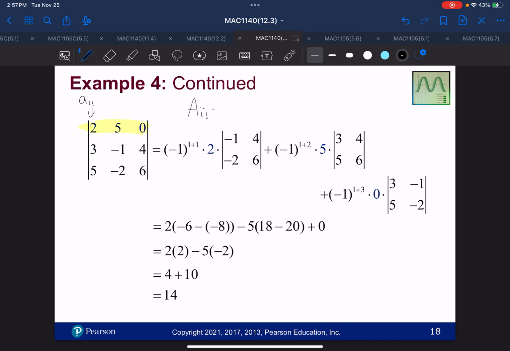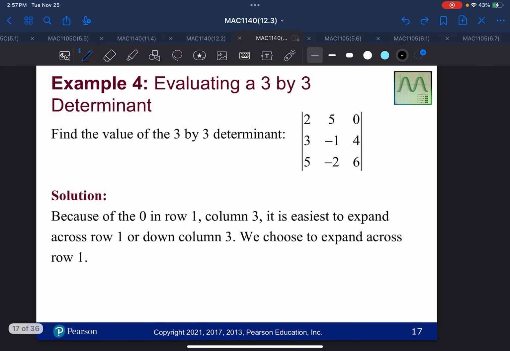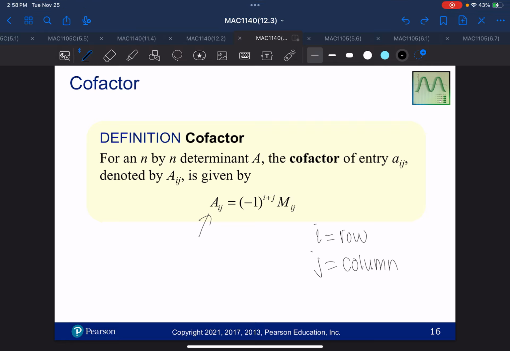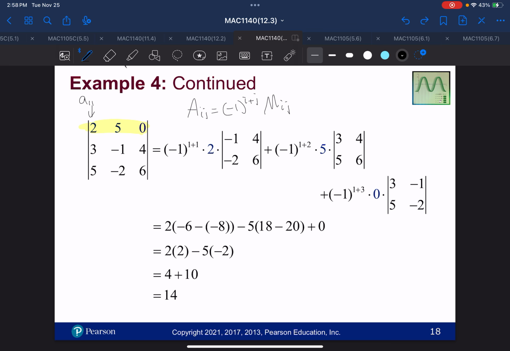The cofactor A sub ij is equal to -1 to the i plus j power times M sub ij. So this will be 1 for i and 1 for j.